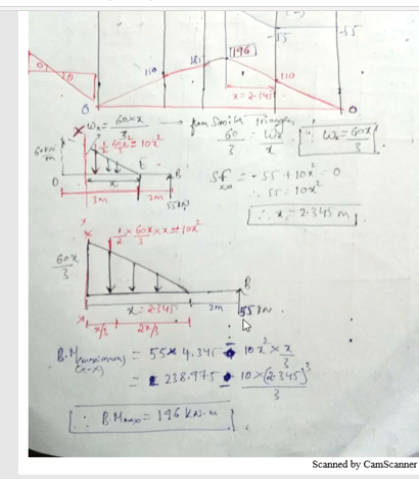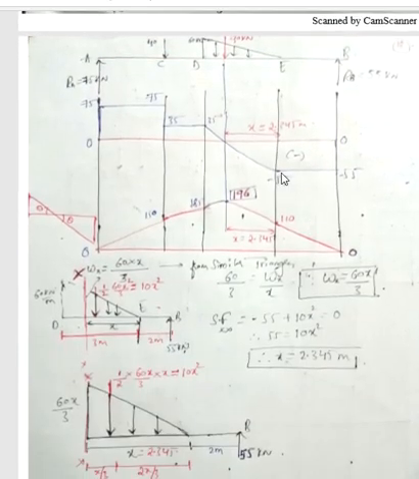So minus 55 plus 10x square, because of this UVL, is equal to 0, because shear force is equal to 0. From this I can move the minus 55 across, so it becomes plus 55 is equal to 10x square. From this you will get the x value as 2.345. So I got the value of x as 2.345.